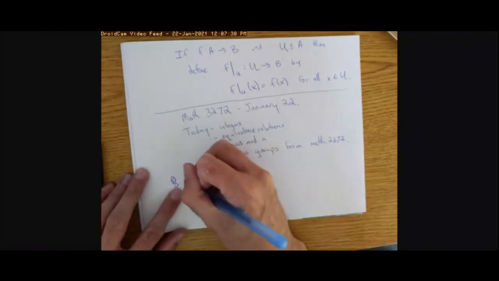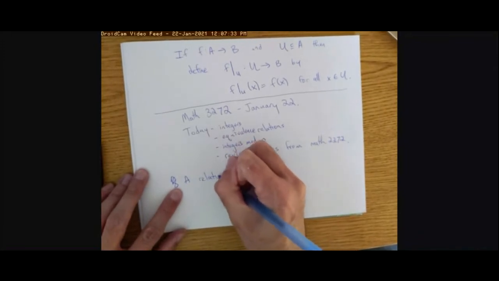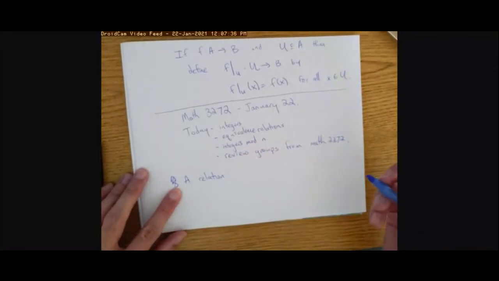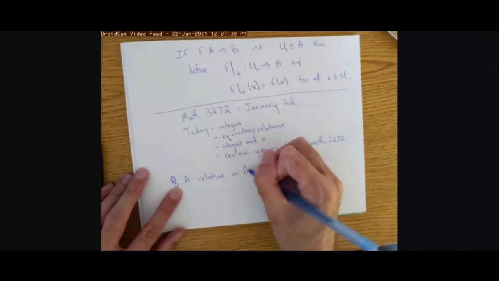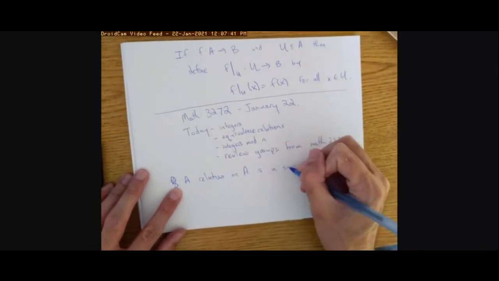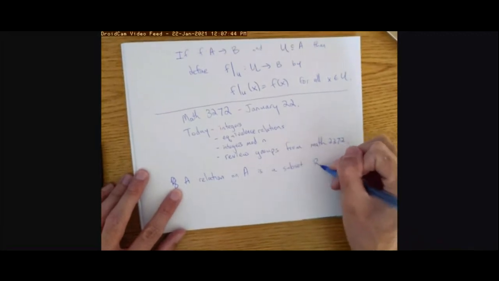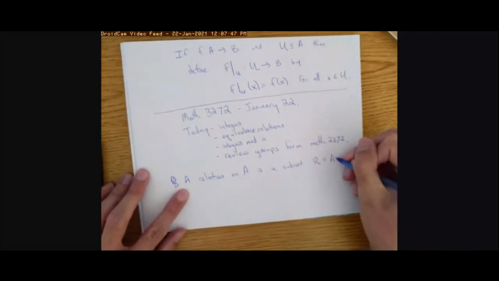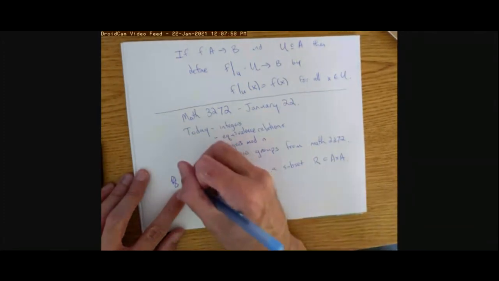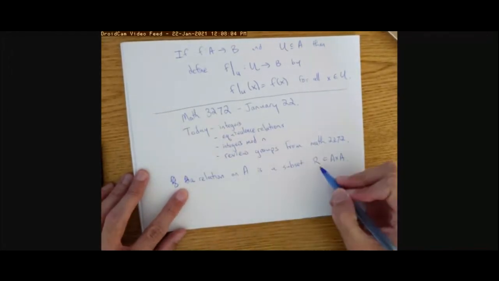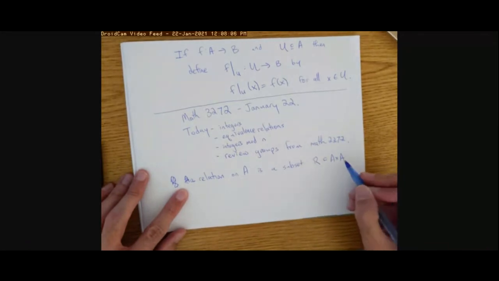We'll say a relation, really it's a binary relation, on A is a subset R which is contained in the set of ordered pairs of A with A. Maybe I should write lowercase. So I have some set A, and a relation on A is just a set of ordered pairs of A.